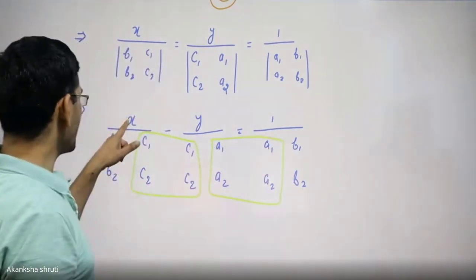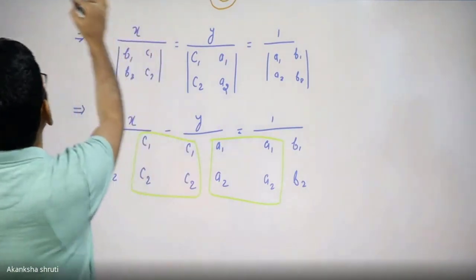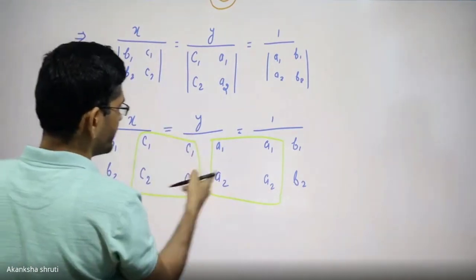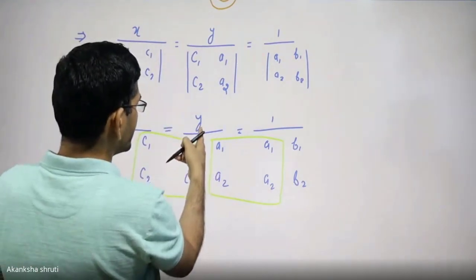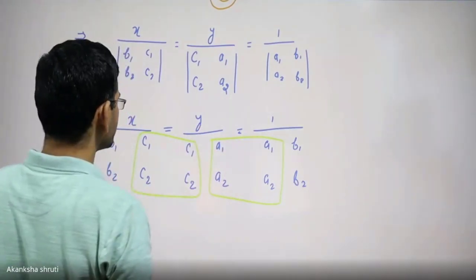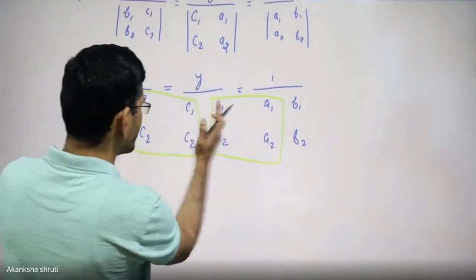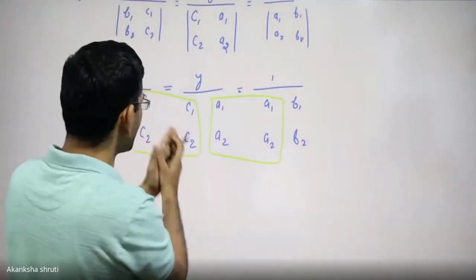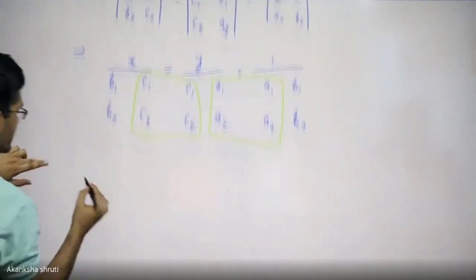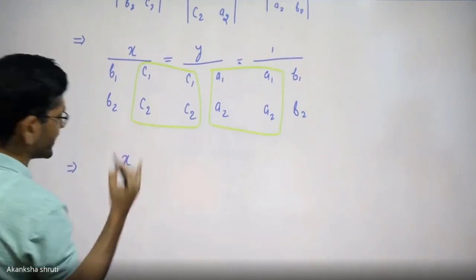Means for x the second column and for this y the second column, they are matching with the next ratio. It means what? This can further be clubbed. अब हम ये क्लबिंग कैसे करेंगे? इस क्लबिंग के लिए यहां से इक्वल को हटा दीजिए. So this can further be written like this, writing x only.